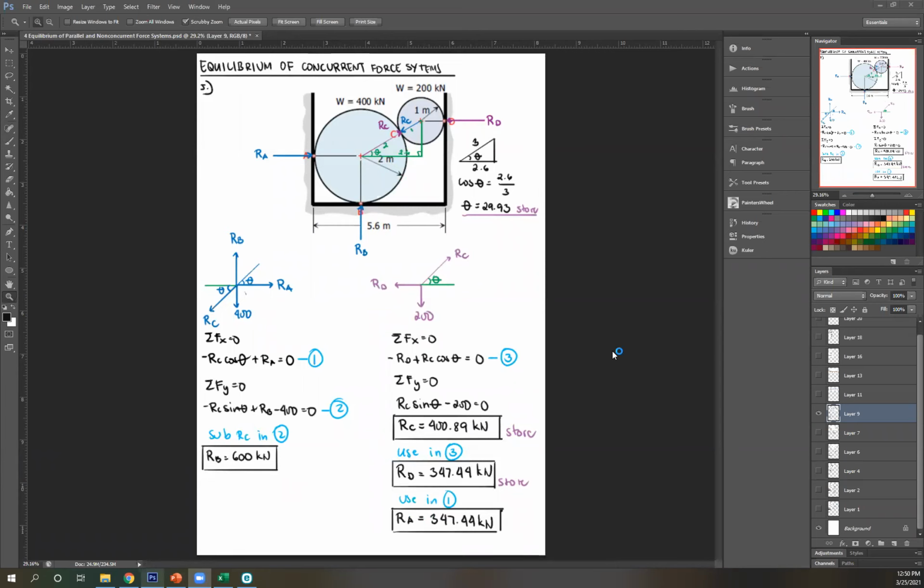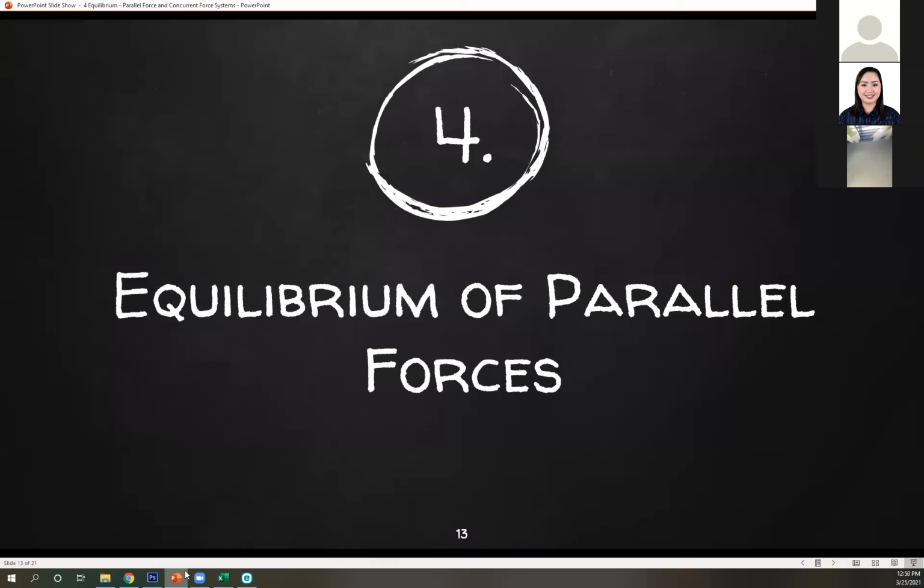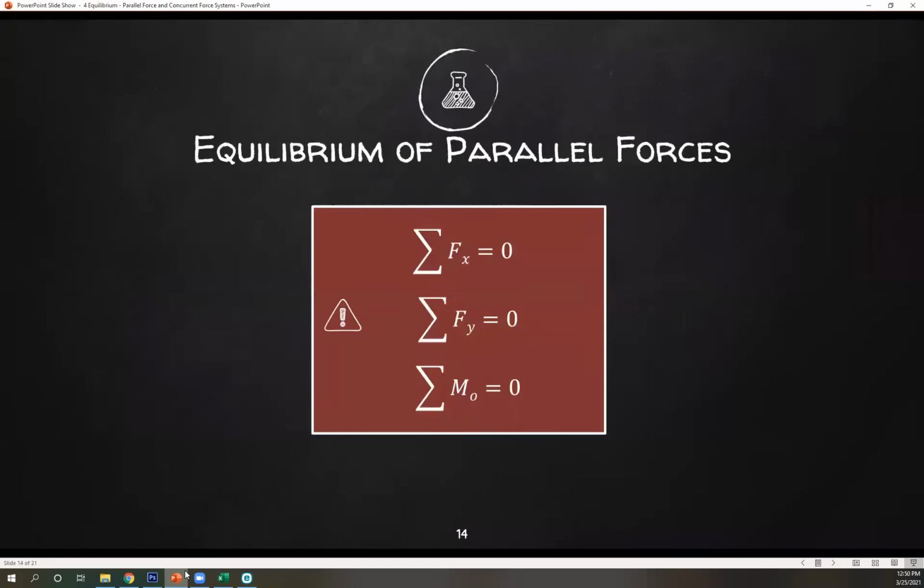I think that's the last of concurrent force systems. Okay. We can now move on to resultant or equilibrium of parallel forces.